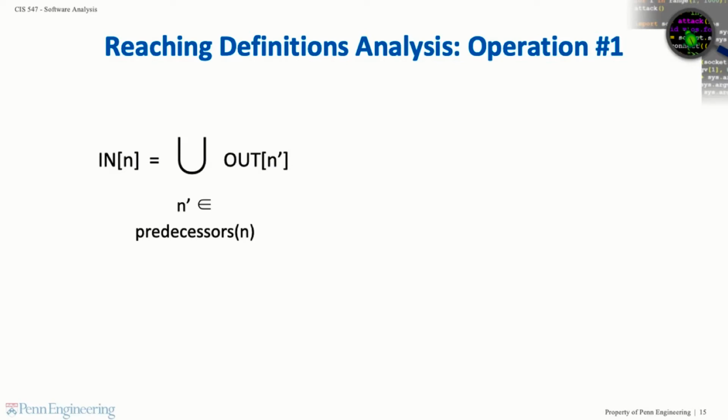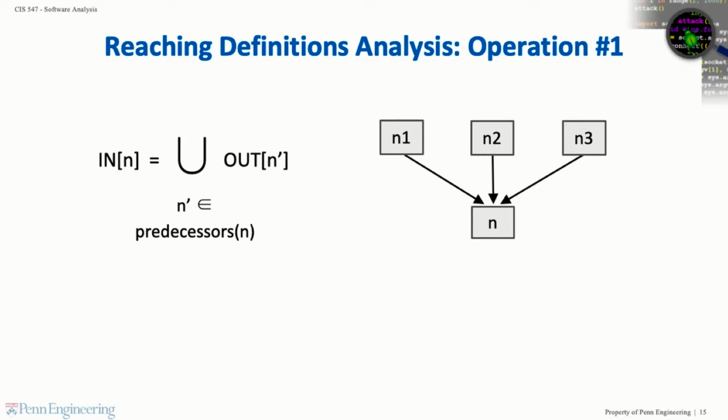That is, the union of out of n prime for each immediate predecessor node n prime of n. For instance, suppose node n has three immediate predecessors, n1, n2, and n3. Then, the set of facts at the entry of node n is the union of the set of facts at the exit of nodes n1, n2, and n3.